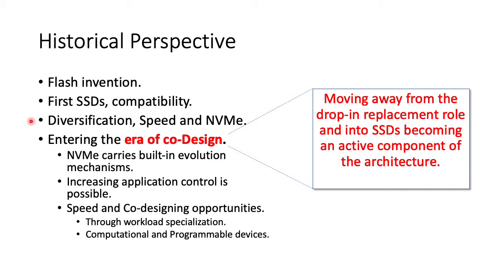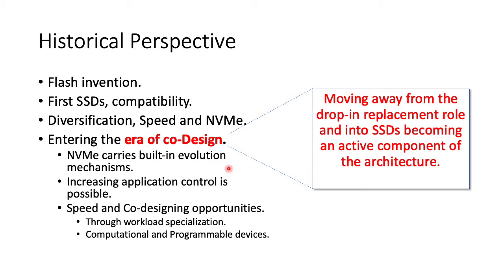And they started becoming faster and faster. Along came a protocol that we're going to be talking about a lot, for direct attached storage, called NVMe. And this is more or less the phase that we see now. What we're arguing here is that we may be looking at the start of a next phase in which we move away from this drop-in replacement role and into SSDs becoming a more active part of a computing architecture.